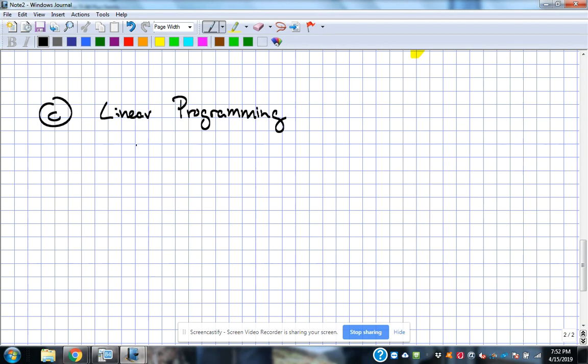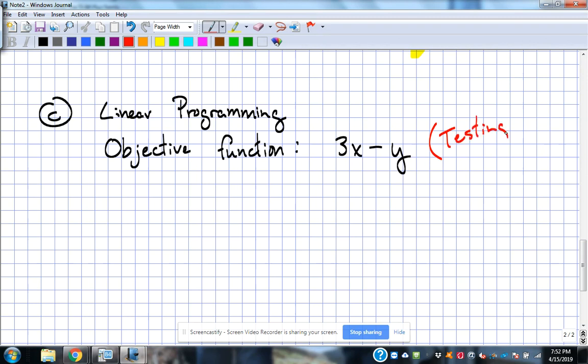So what I do with linear programming is I give you what's called the objective function. And for this first one, let's make it 3x minus y. An objective function is what you're testing with. Okay, so maybe in parentheses there, this is your testing function.